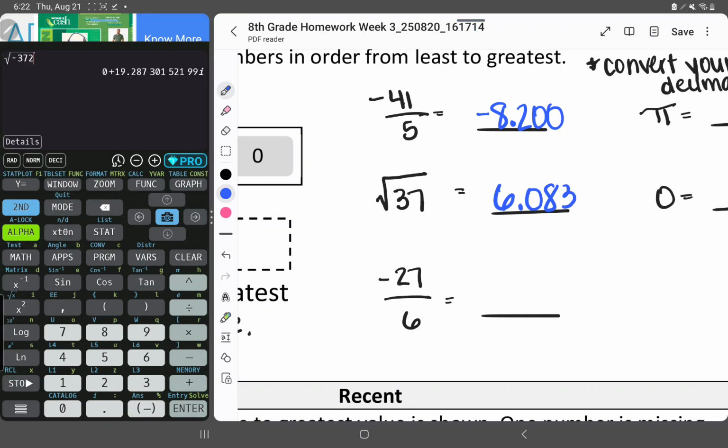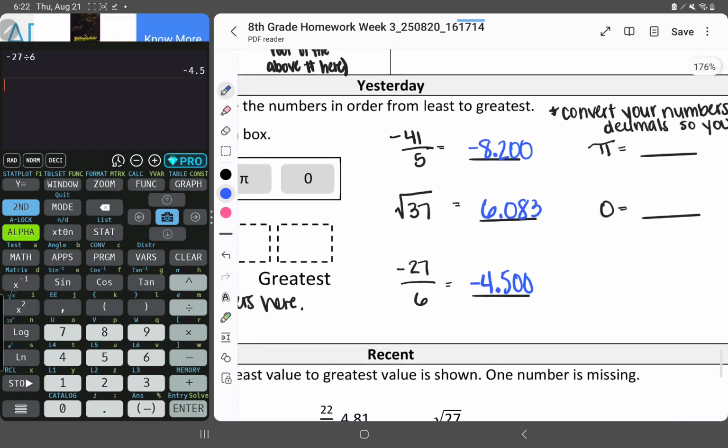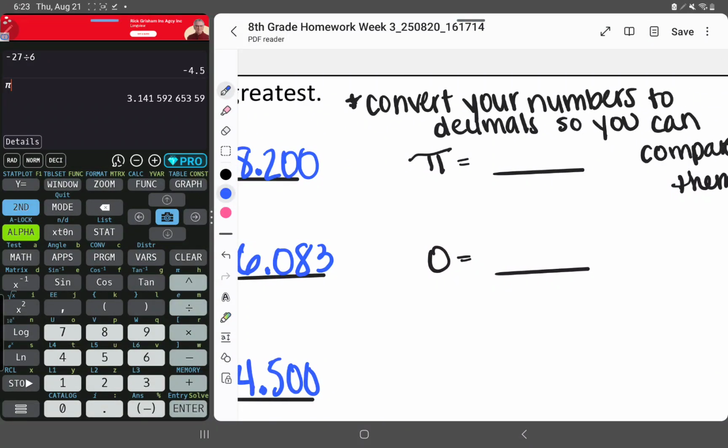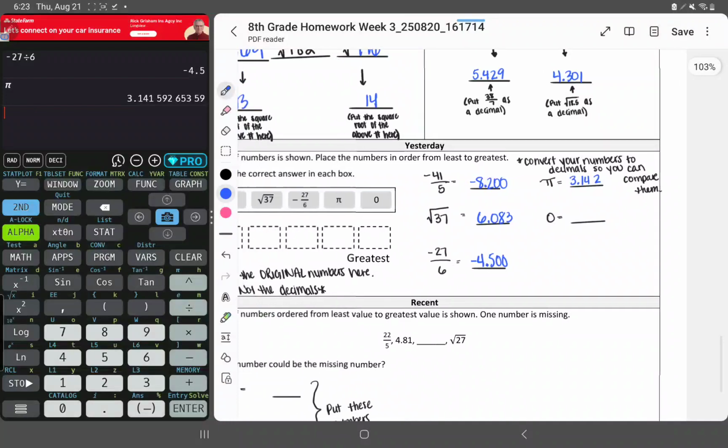And I have negative 27 divided by 6, which is going to give me negative 4.5, but we're going to add 2 decimals on. So we'll do 0.00. And then we'll see what pi is. Pi is going to give us 3.1415, but this 5 right here is going to turn that 1 into a 2. And then we just have straight up 0.